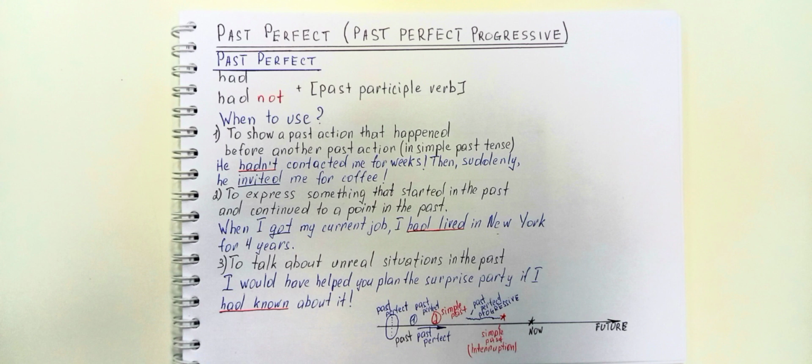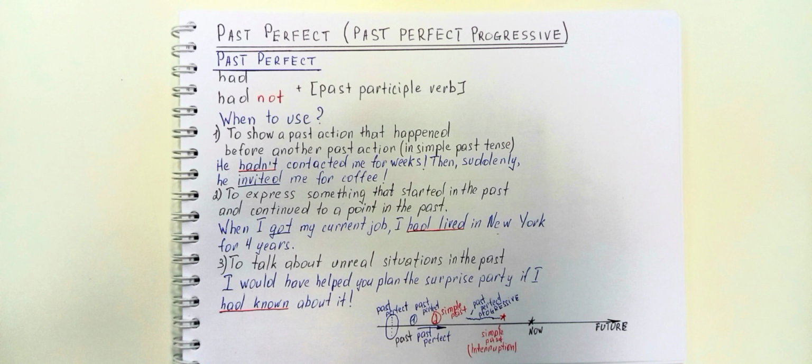So again, we are in the past, we have something that started in the past and continued, but also it ended in the past as well. So it doesn't continue to the present, which would be the present perfect tense, but it continued to a point in the past and stopped there. So an example sentence with this.